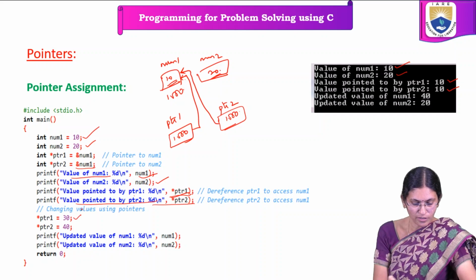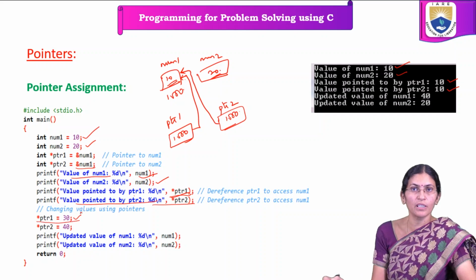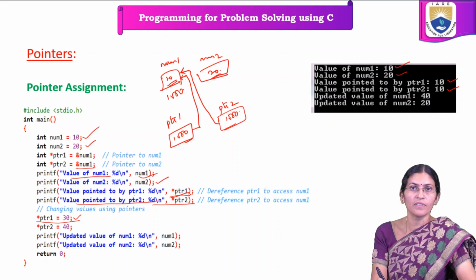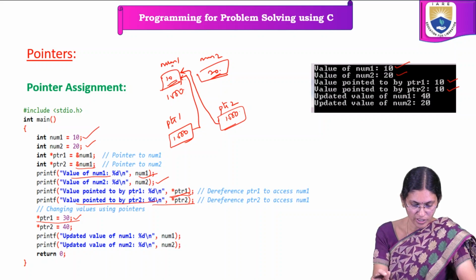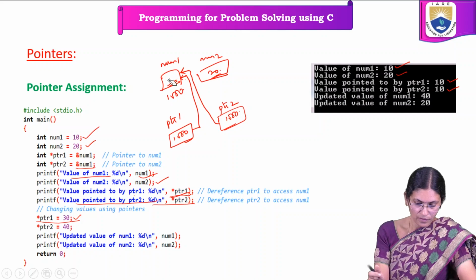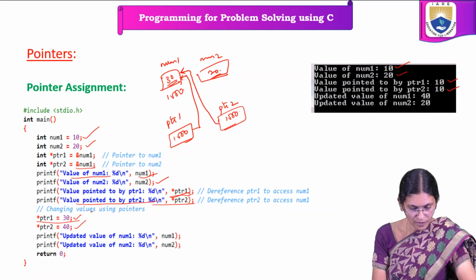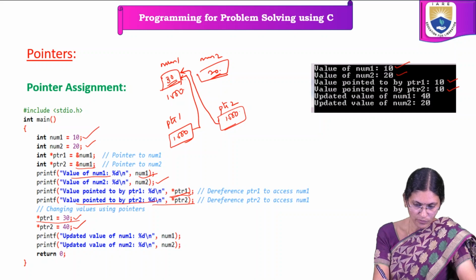Now with this statement, what we are doing here is star ptr1 is equal to 30. Ptr1 is storing the address of this num1 variable, so it will change the contents of this. So this value is equal to 30 now, and if you assign star ptr2 is equal to 40, the output of this will be star ptr2 is equal to 40 here.